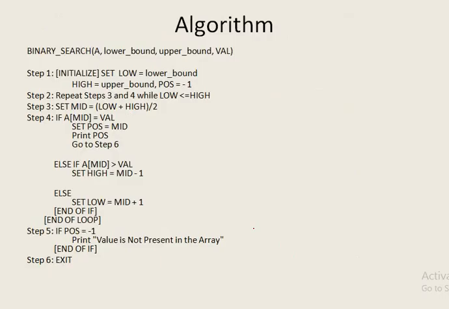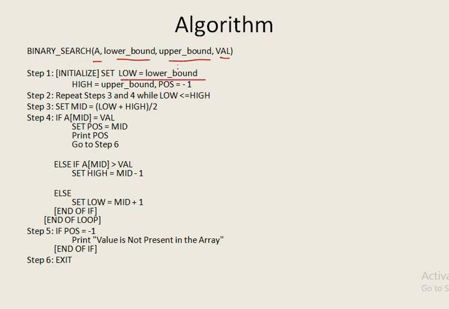Now let us see the algorithm for binary search. This operates on array A, where the lower bound is the lower index of the array, the upper bound is the upper index of the array, and val is the value that is being searched. Initially set the value of low with the lower bound.